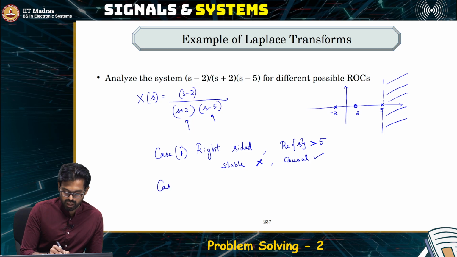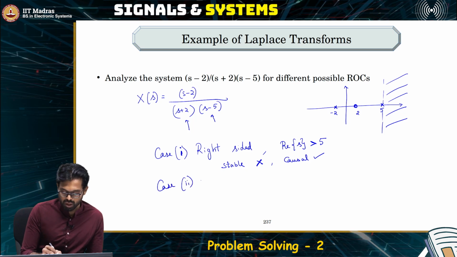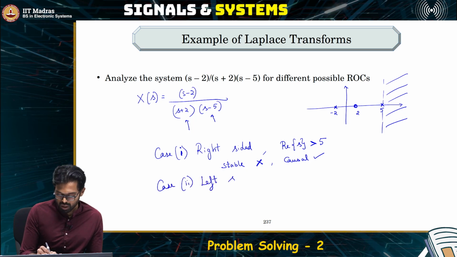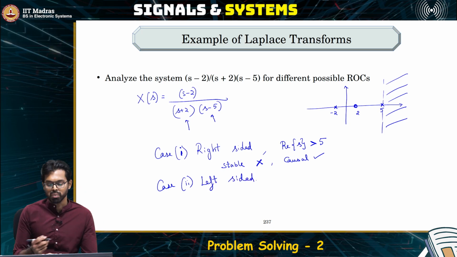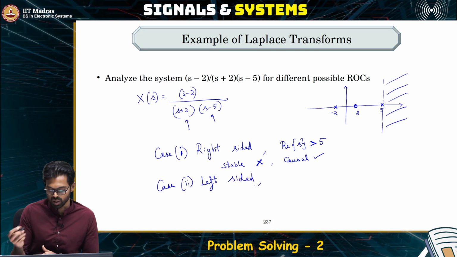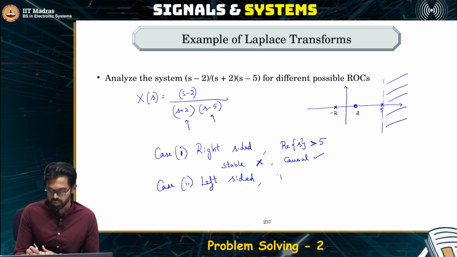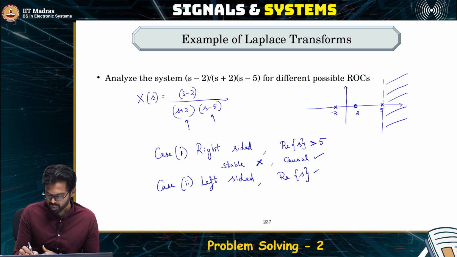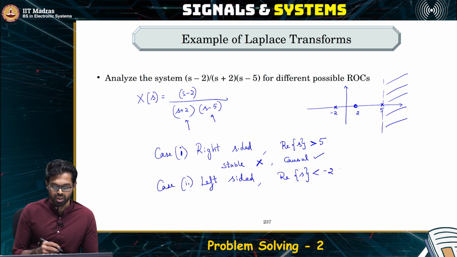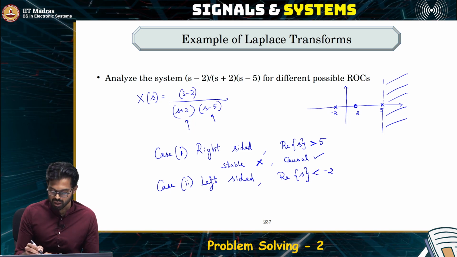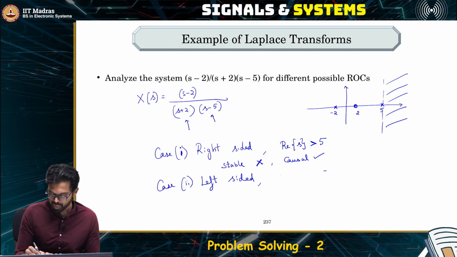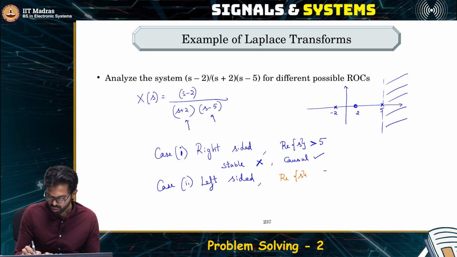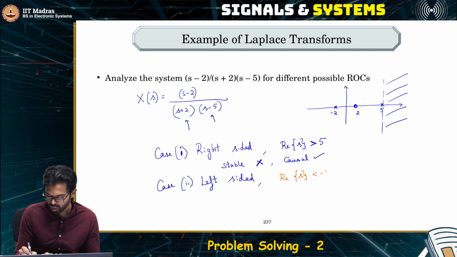Now let's consider case 2, left-sided. Just because the signal in the time domain is left-sided, we can directly say that this is non-causal. What would be the ROC? It will be to the left of the leftmost pole, so the real part of s less than minus 2.